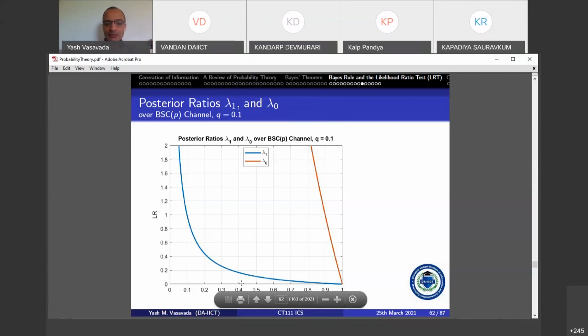Because of that, let us look at what happened to lambda 1, which is in blue. Lambda 1 was before how much at p equal to 0.4? It was 1.5. Now it became roughly about 0.2.